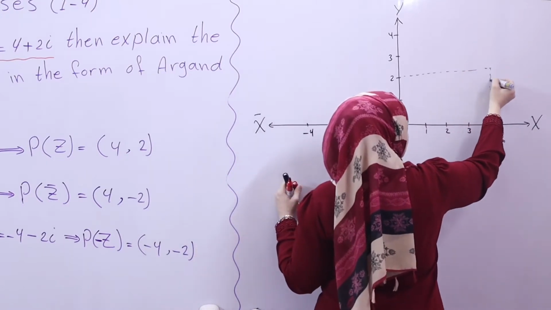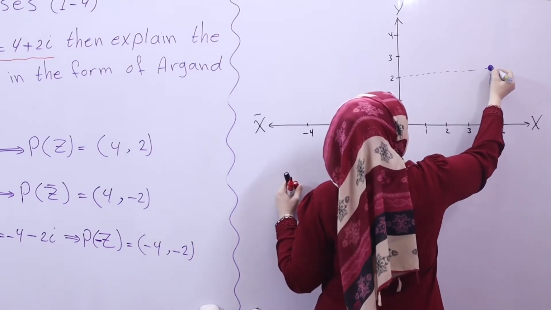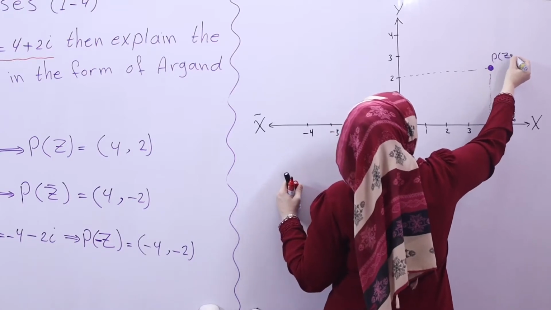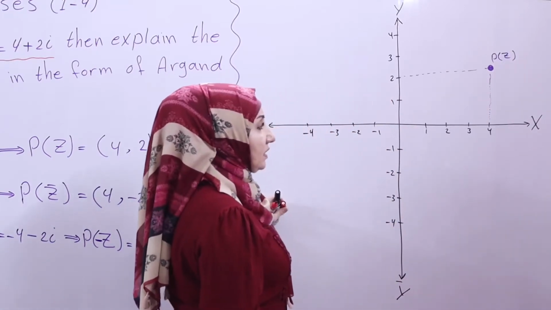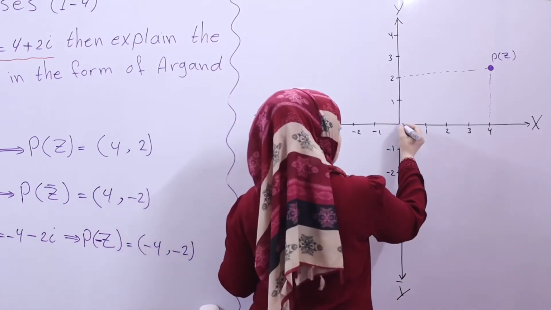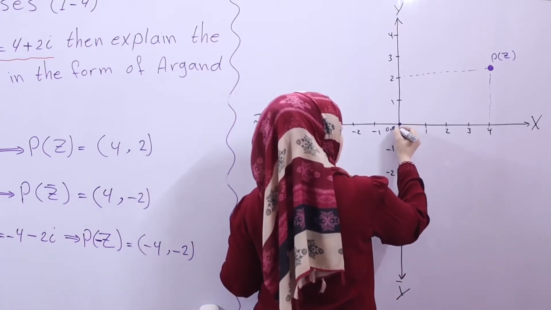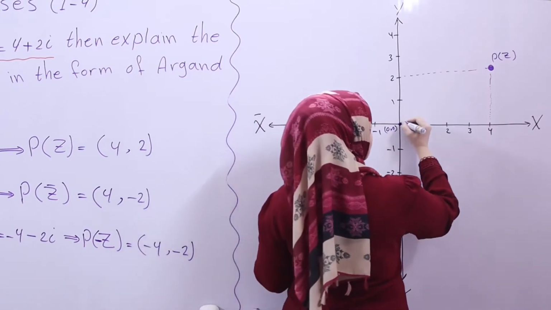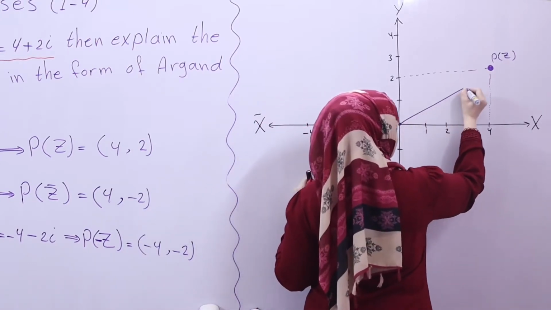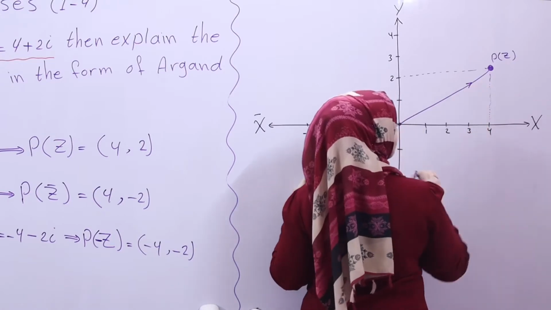So this is the point which represents the complex number z. Now we want to draw the Argand shape, so we will connect the origin and the point which represents the complex number. So this will be the Argand shape.